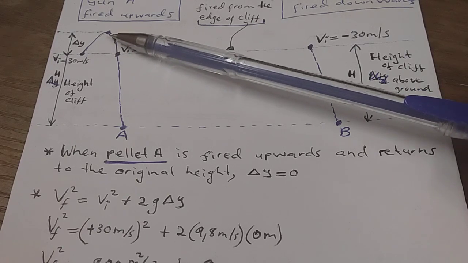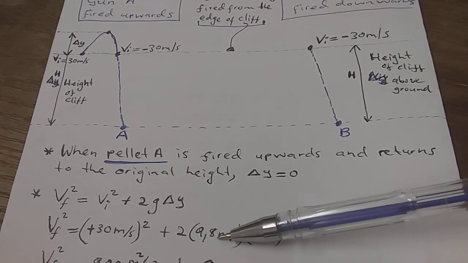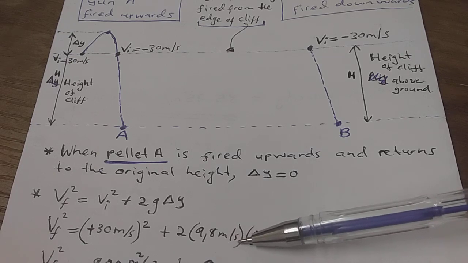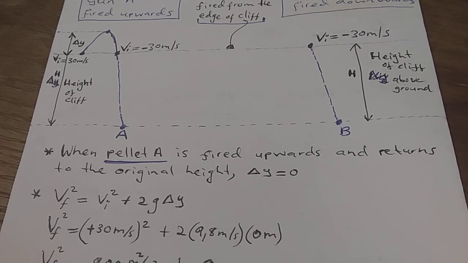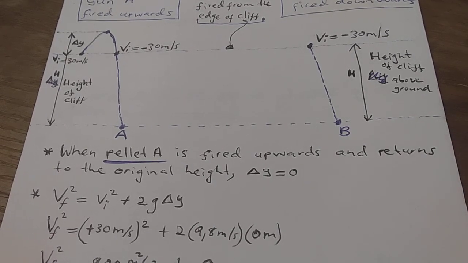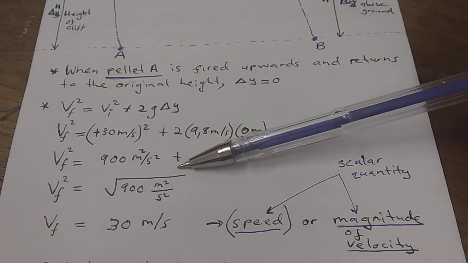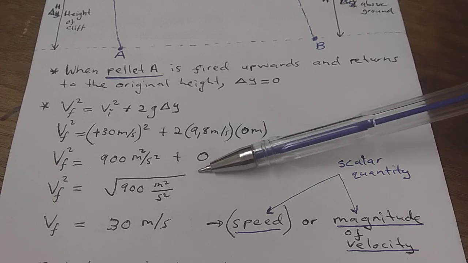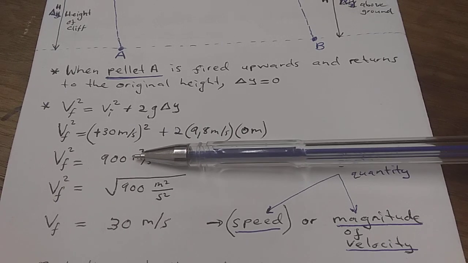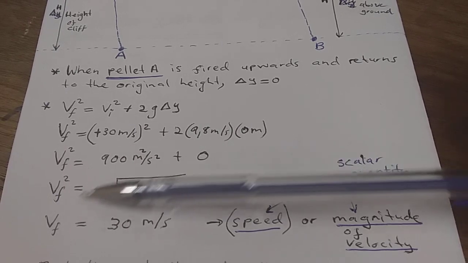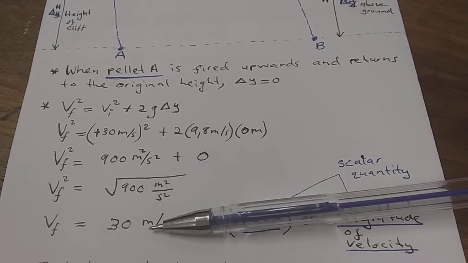The acceleration due to gravity is 9.8 meters per second squared. You multiply it by 0. If we multiply it by 0, what are we going to get? We are going to get 0. And then we know that 30 squared is just 900 meters squared per second squared. Then the square root of the answer will just give you the same thing which was inside the bracket.